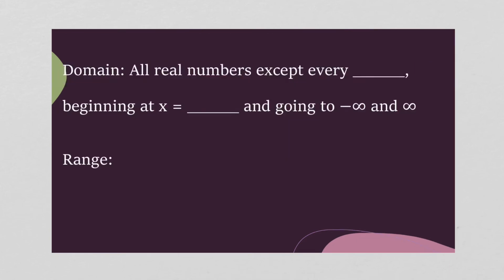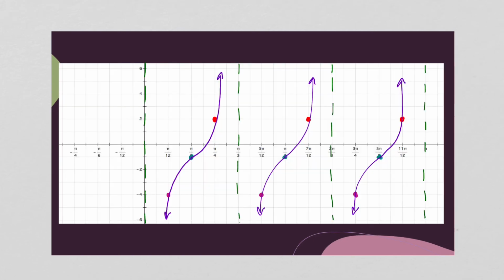What are the domain and range? Well, the range is always negative infinity to infinity for tangent and cotangent. We've got to determine the domain. Okay, so the domain is going everywhere. Like this will keep going down and out.